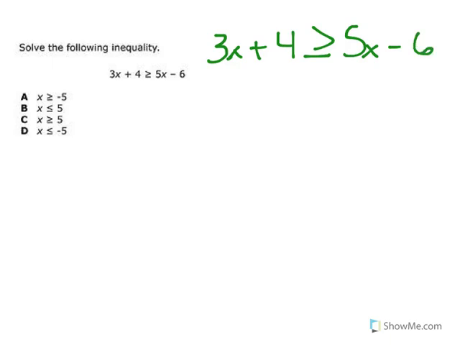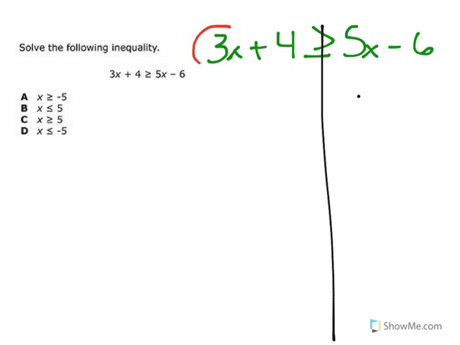Now, on inequalities and equations, I like to take the symbol and cut it in half just to separate my left side versus my right. I cannot touch the left unless I touch the right, so I separate that to keep it separate.